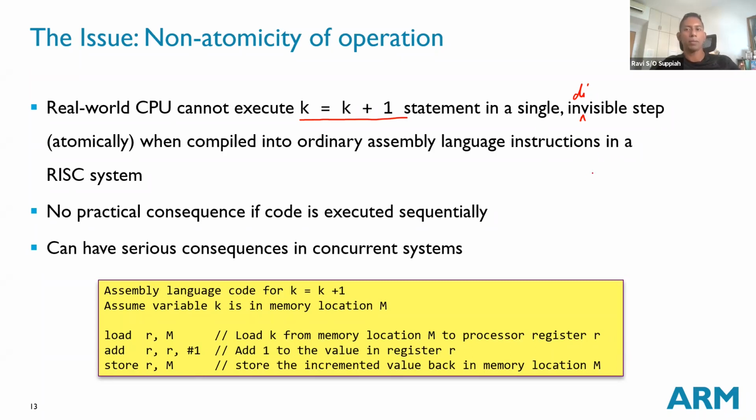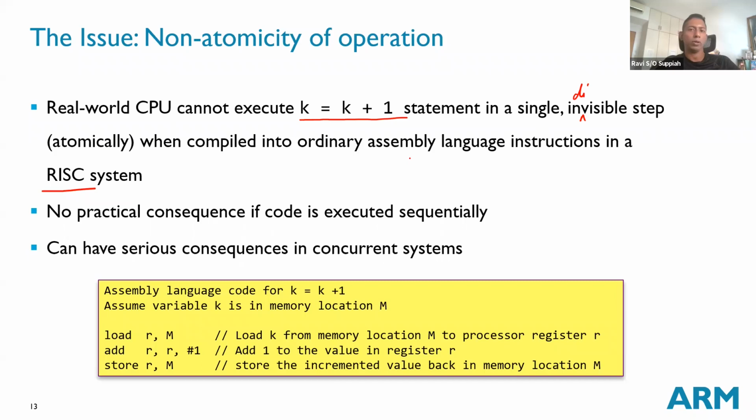That means it cannot be completed in a single cycle in a RISC system. RISC stands for reduced instruction set computer, which is the architecture that ARM uses. So in a RISC-based system, k = k + 1 is non-atomic and cannot be done in a single step.